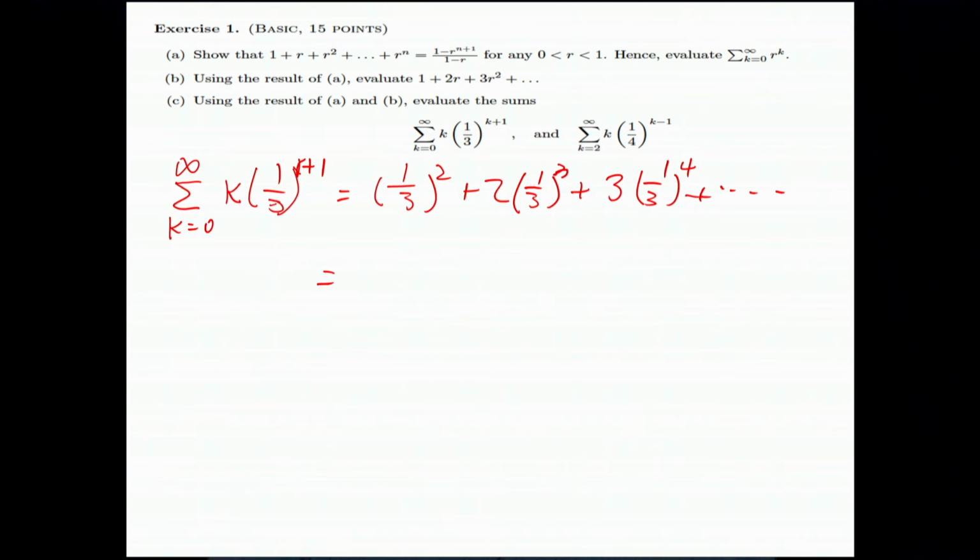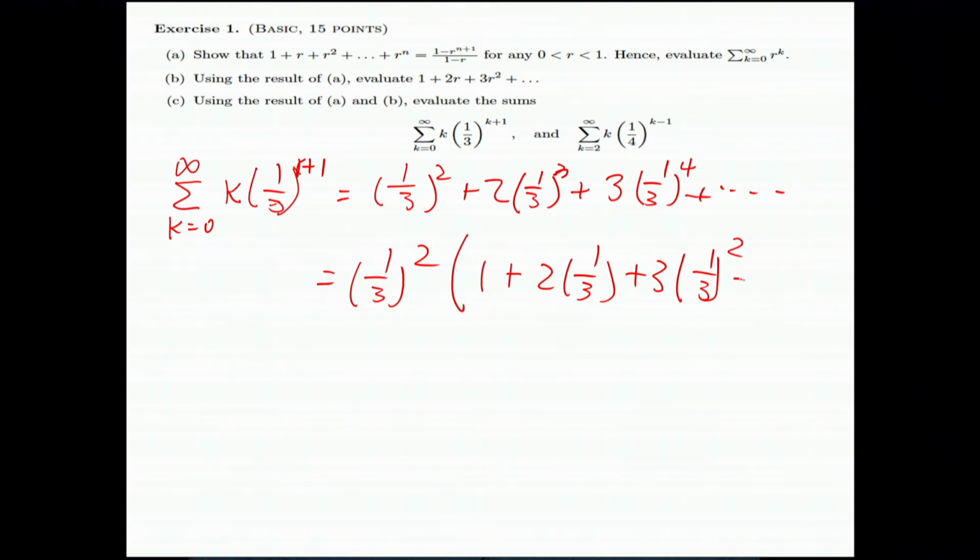So here we can take the common terms outside, which is the ratio squared, 1/3 squared. So it's 1 plus 2 times the ratio plus 3 times the ratio squared.